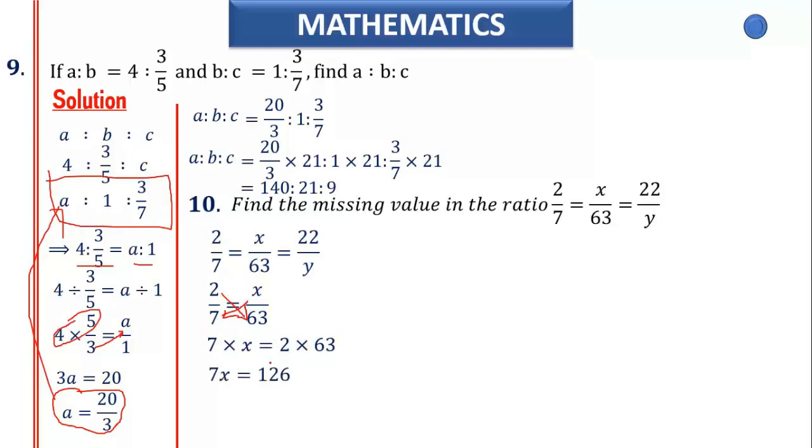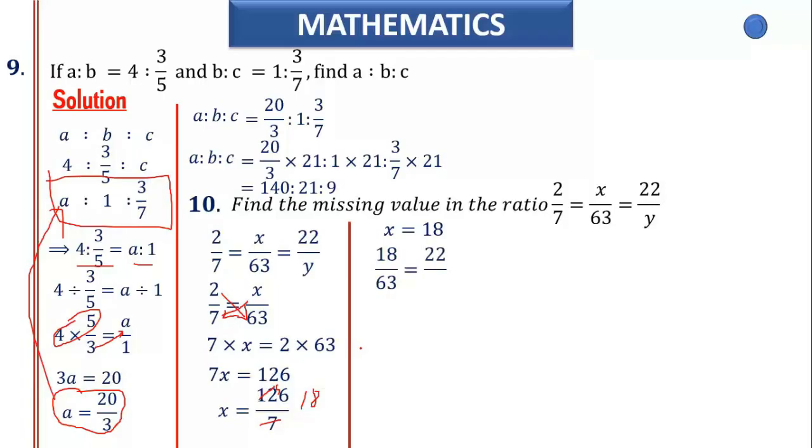So from what you have there, that's 7x equals 126. So x equals 126 divided by 7. So that's going to be 18. So x equals 18. And since we have gotten x to be equal to 18, that means we have 18 here.